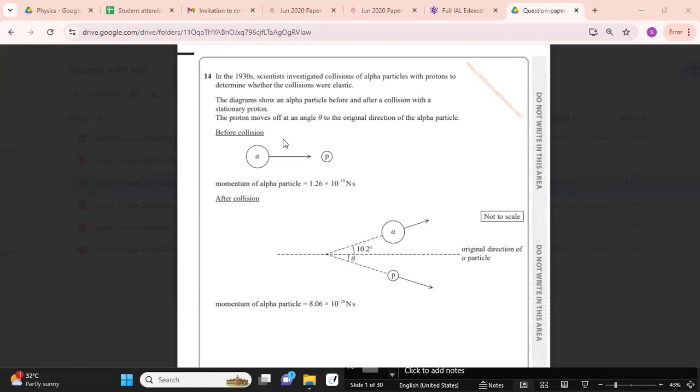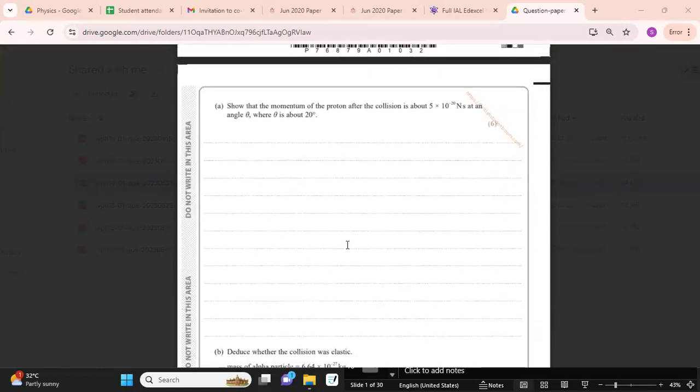You can show me the question now. Let me know if you want me to scroll back up to the diagram. You can go back up now.